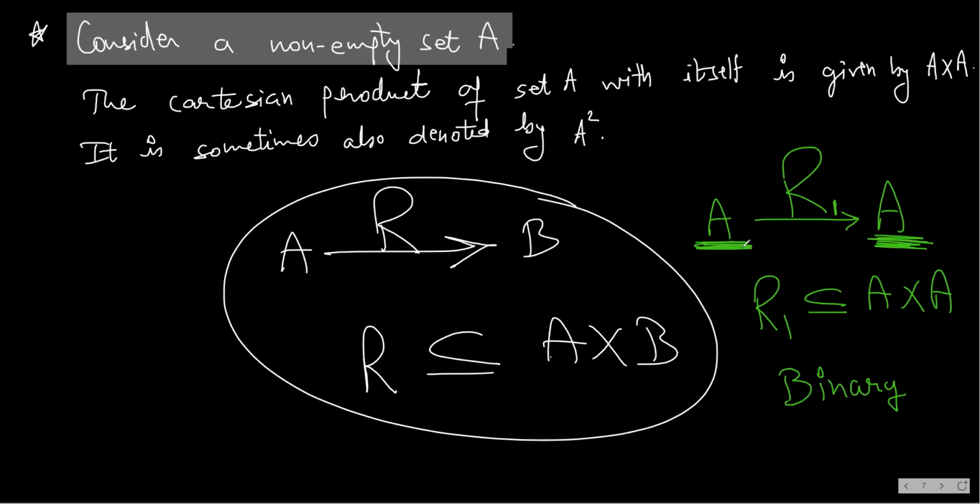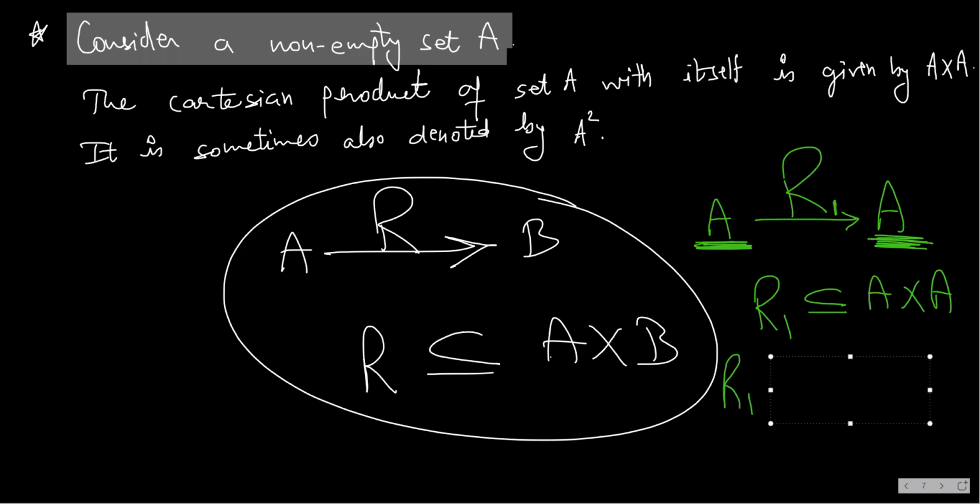It would sound good if you say set A to set B. But when you say from set A to set A, it doesn't sound good. What we say is relation on A. Remember, students, we will call this a relation on A.